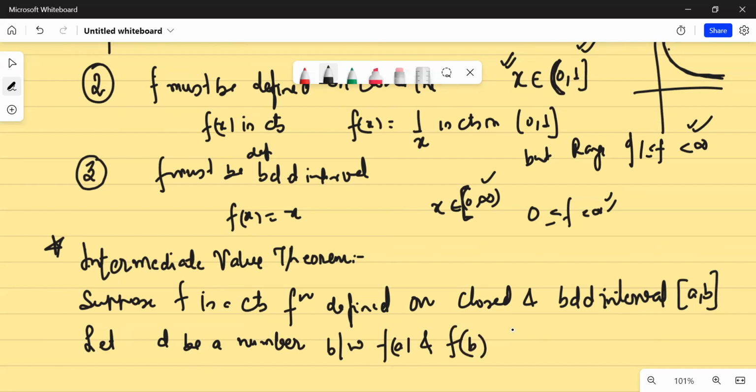Then there always exists some c belongs to a comma b such that f(c) is equal to d.